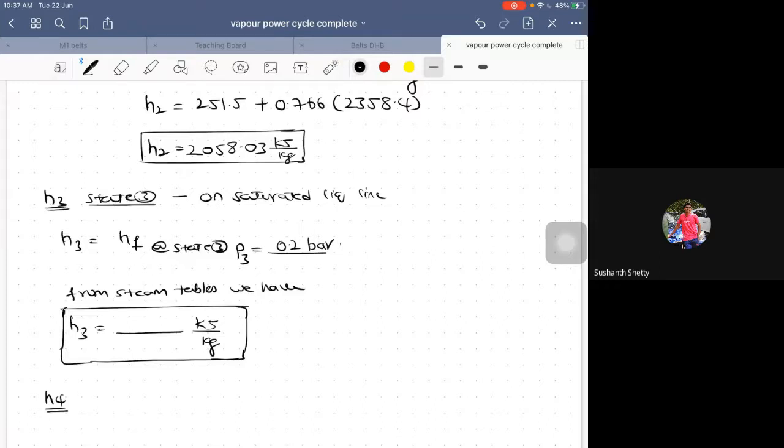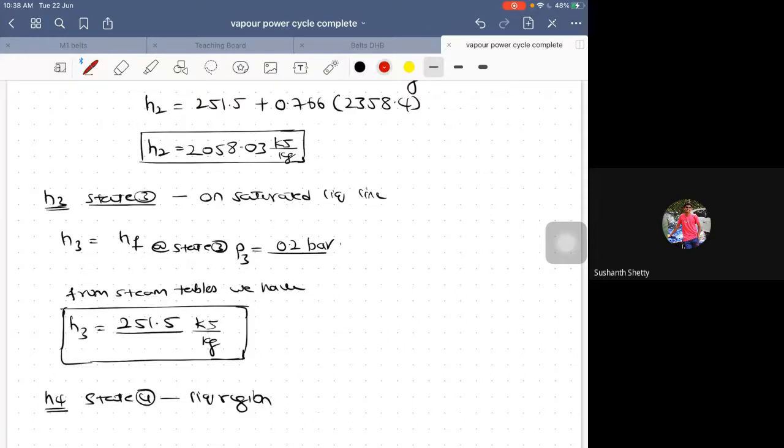Yes, look into the steam tables. Give me the value of H. 251.5 kilojoules per kg. Now, H4 is at state 4 and state 4 is in the liquid region. So what is the golden rule I have given you?